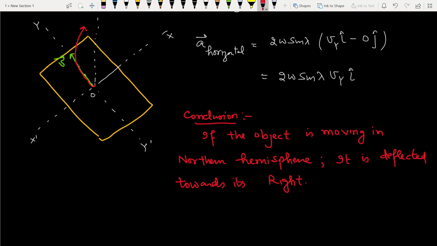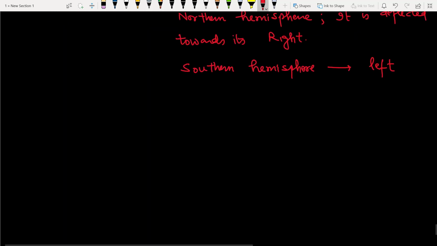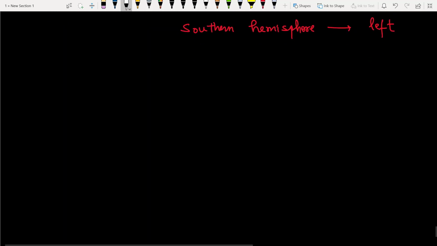So you can see it is deflecting towards the right hand. And if it is moving in the southern hemisphere, it can be proved that it will be moving towards its left hand. For that we would have to rederive the complete formulation again, but in the conclusion we can directly say that in the southern hemisphere it is deflected towards the left hand of the body.